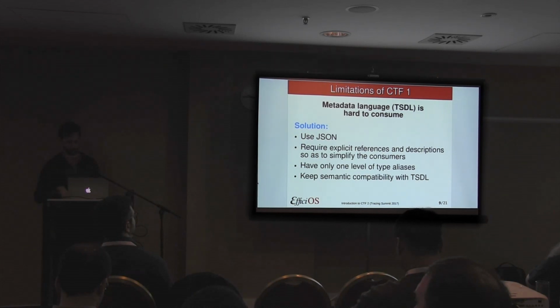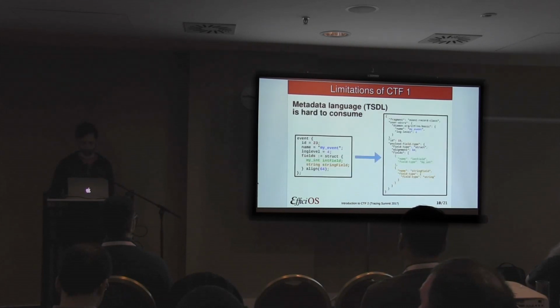And one very important thing is to remain semantically compatible with TSDL, which is CTF1's metadata language, because we want to be able to convert from a CTF1 trace to a CTF2 trace by only translating the metadata without touching the data streams. So CTF2 remains completely binary compatible, or data stream compatible, with CTF1. So the conversion should be fairly quick.